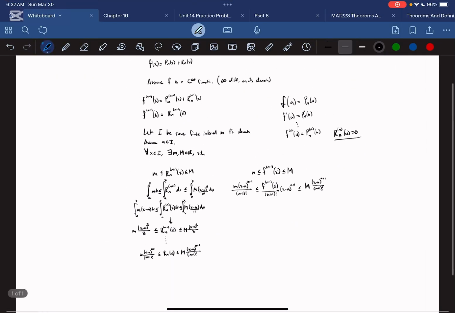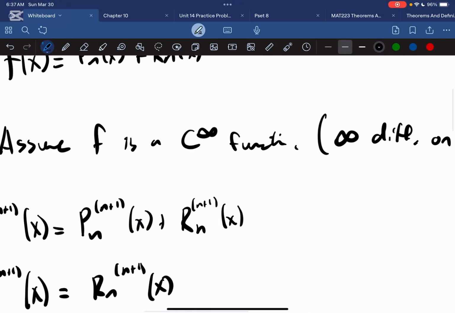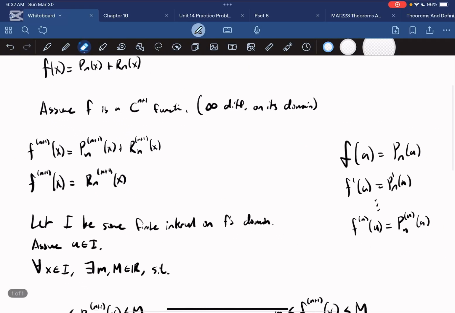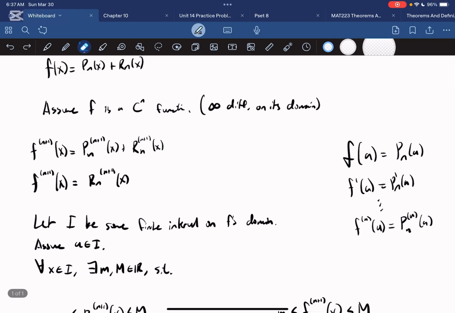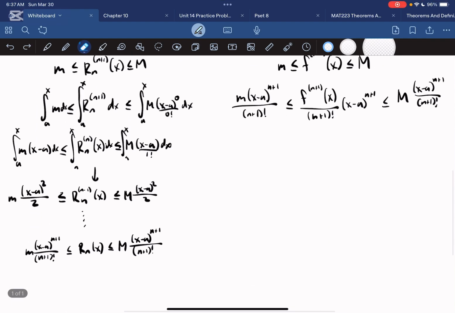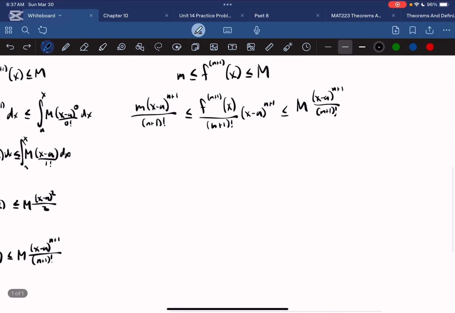Note that if we defined C infinity as n plus 1, this would also work, because C n plus 1 implies a continuously differentiable n plus 1 derivative. But for simplicity, we'll just refer to it as infinitely differentiable.